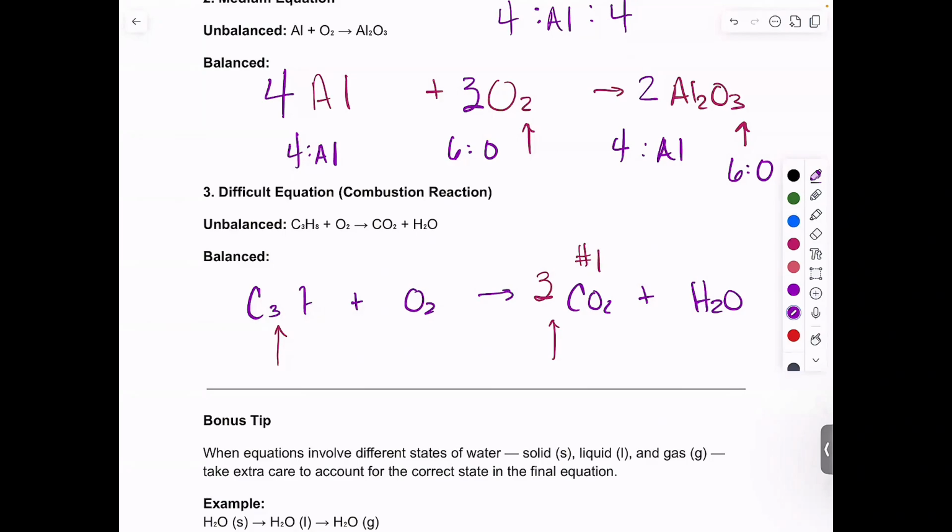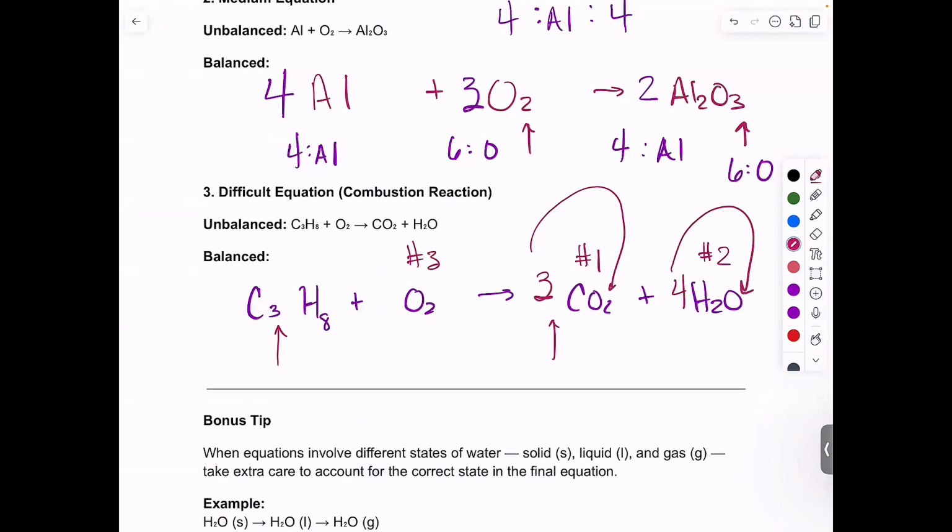Okay, H8. So we have 8 hydrogens we need to account for on the right-hand side. So we need a 4 here. That's our second. Last but not least, we'll do oxygen. If I tally up my oxygens on the right-hand side, I have 6 on the carbon dioxide and then 4 tacked onto the water.